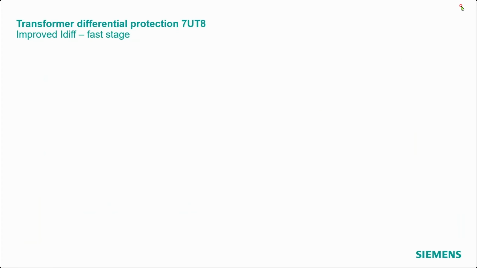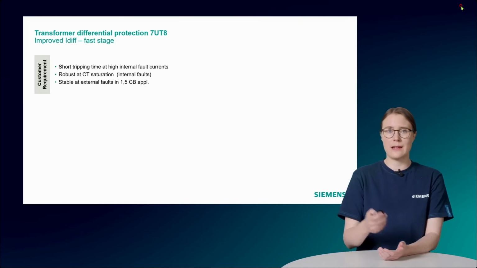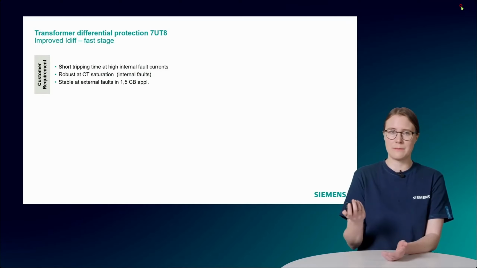The last improvement I want to mention today is the change we made in the IDIF fast stage. The motivation is to achieve with this stage short tripping times at high internal fault currents, even when CT saturation occurs. On the contrary, we need stable behavior at external faults, even for circuit breaker and a half applications.